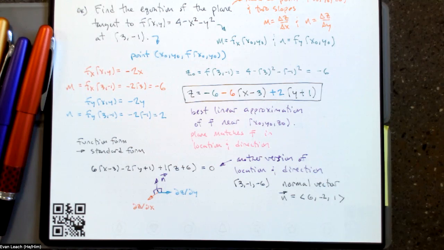So the other thing that we want to notice is that this description with a normal vector is something we could do with a line in R2, but it's not something that we would want to do with a line in R2 because we've already got a better way.